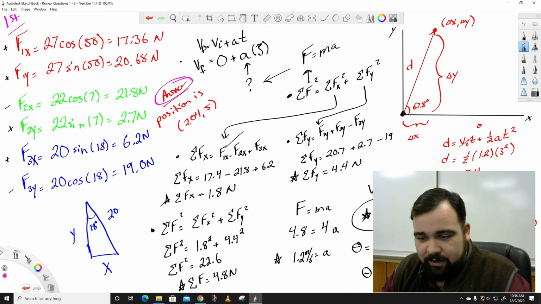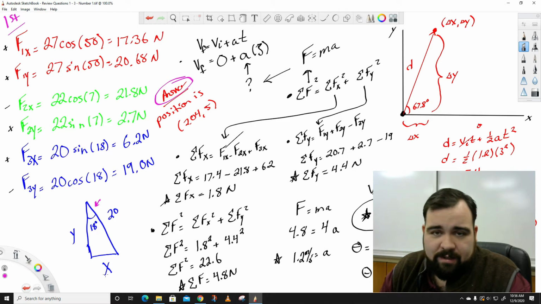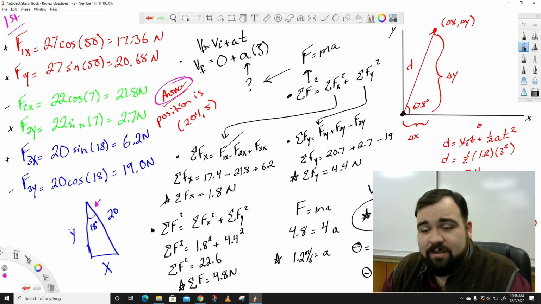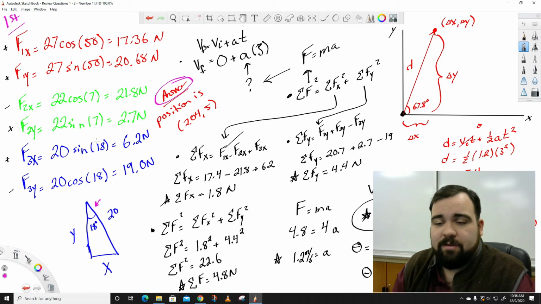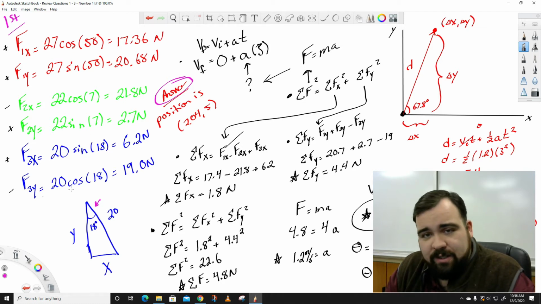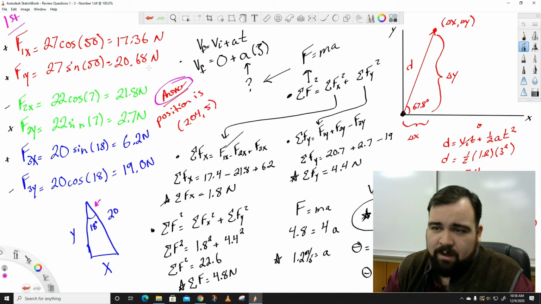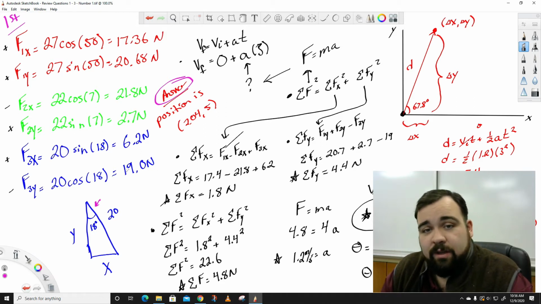So if that angle is located at this point in the diagram, then x is now opposite and y is adjacent, so we had to flip the functions there. So we use sine for x and cosine for y. If you work through all of those, you're going to get those 6 values for your individual component forces.